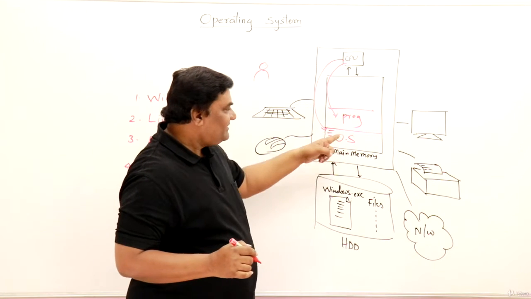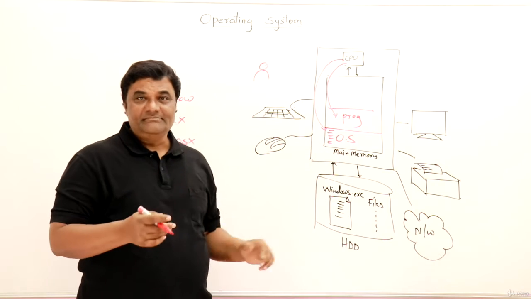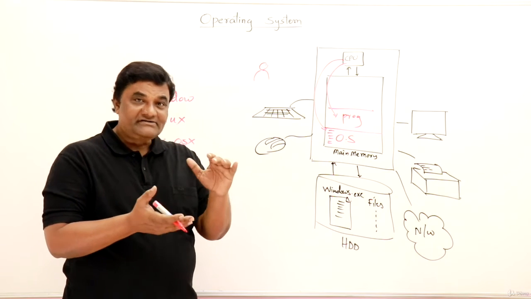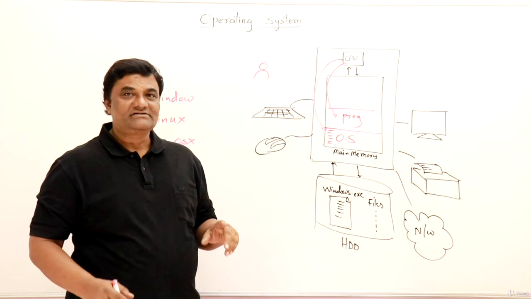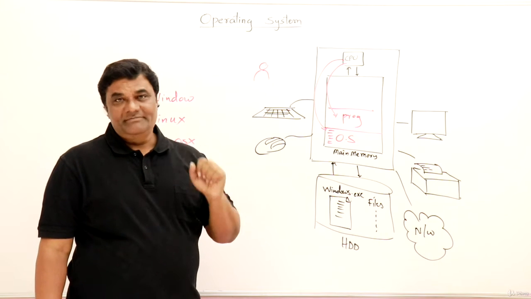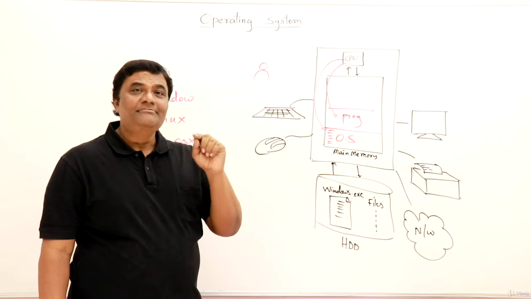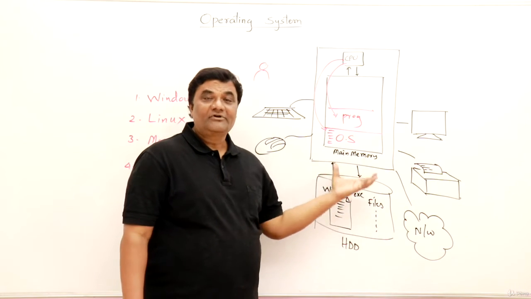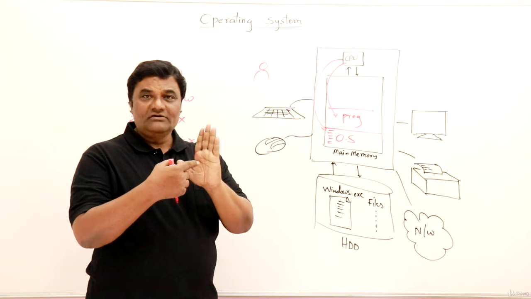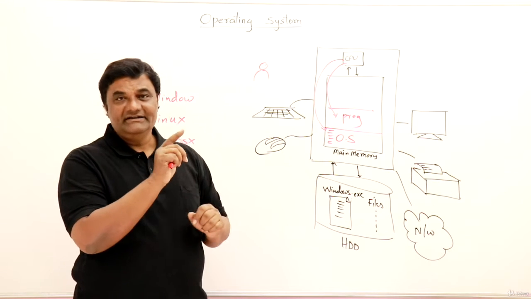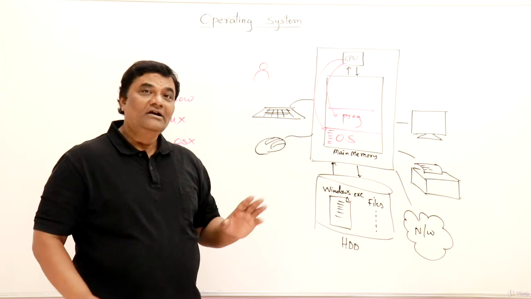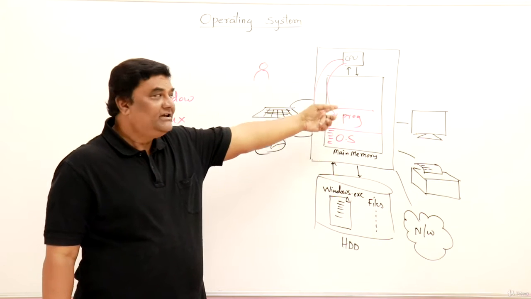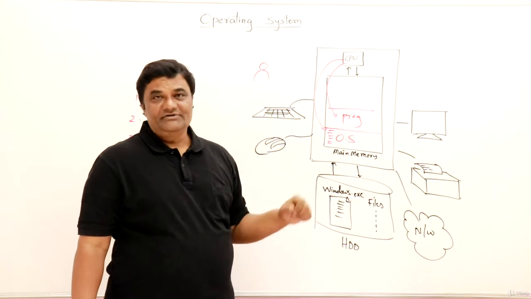So that program runs within the context of the operating system. It is not independent; it runs as a part of the operating system, within its control, and is perfectly monitored by it. When you touch any icon on the screen or double-click any icon on your PC, the program will get into the main memory and the operating system will start executing it.